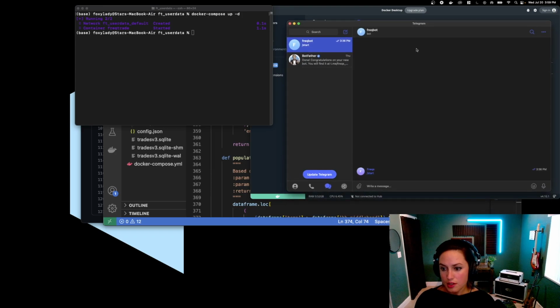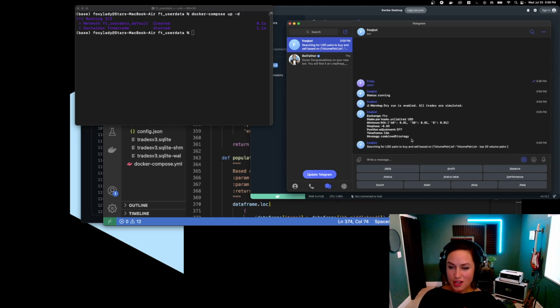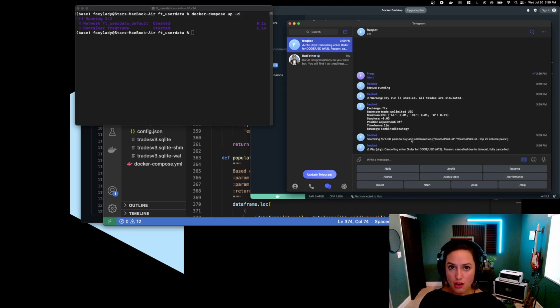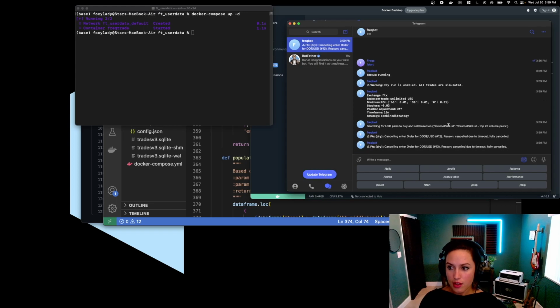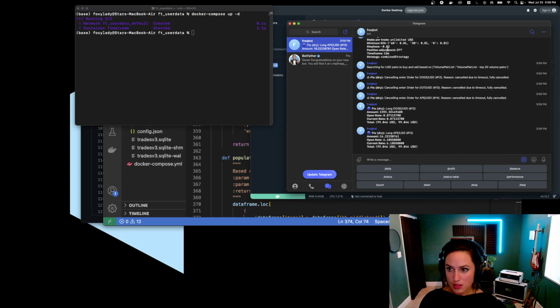Pretty soon in Telegram, we should be seeing that our bot is using the combined strategy. Yes, it is, because that's what we defined in our docker-compose.yml file. You can see our ROI is 1% across the board, our stop loss is 3%, and it's finding trades already, with the little blue circle. This is how you know it's entering trades.